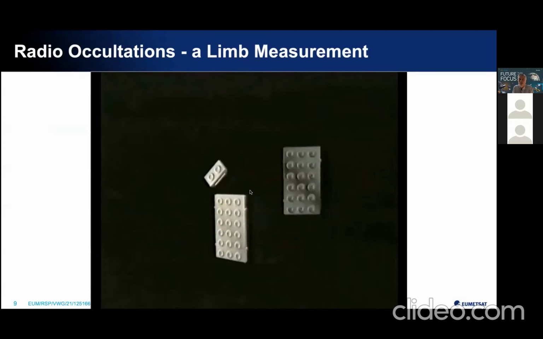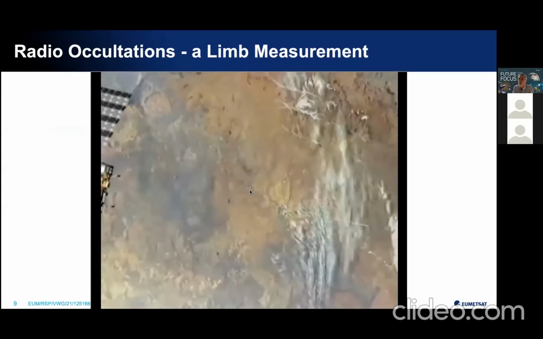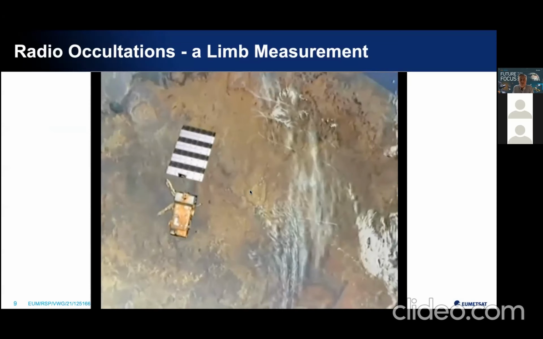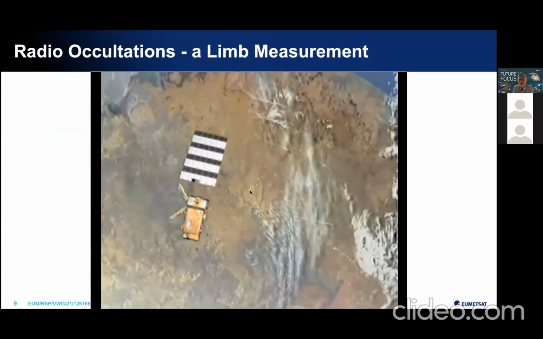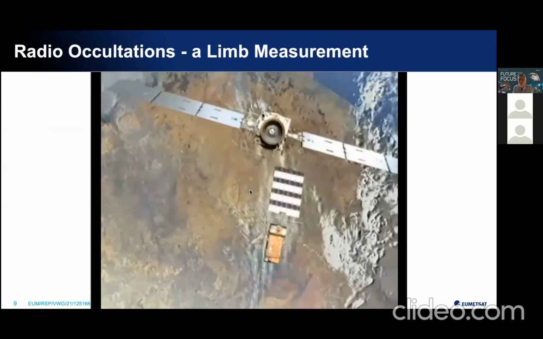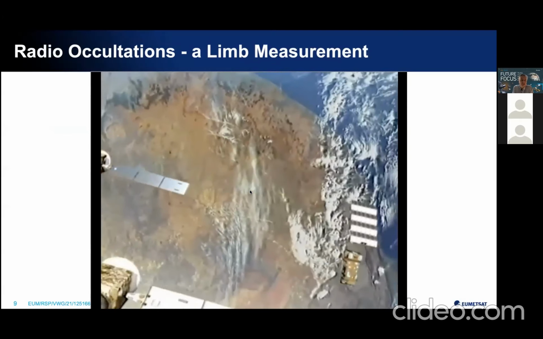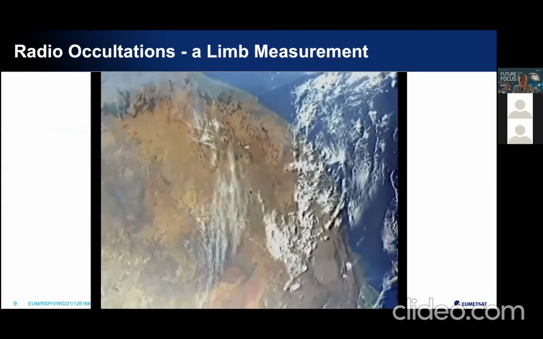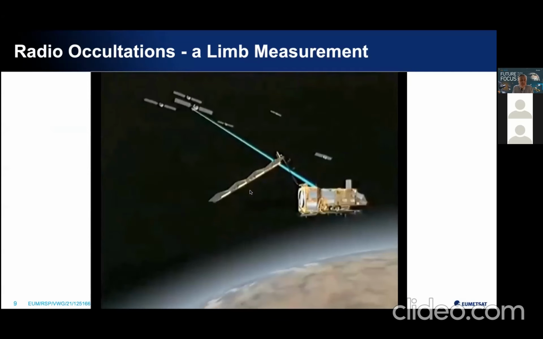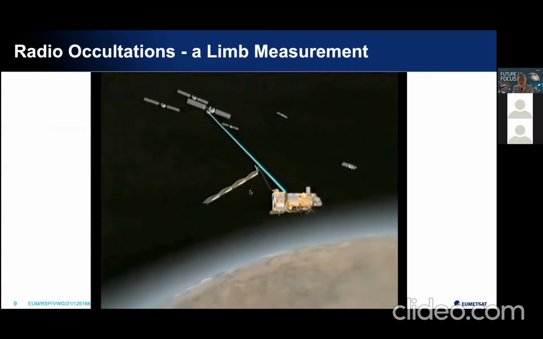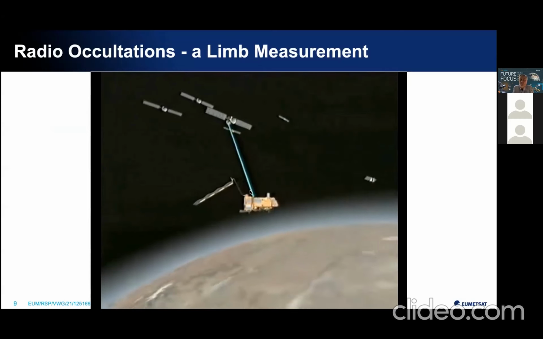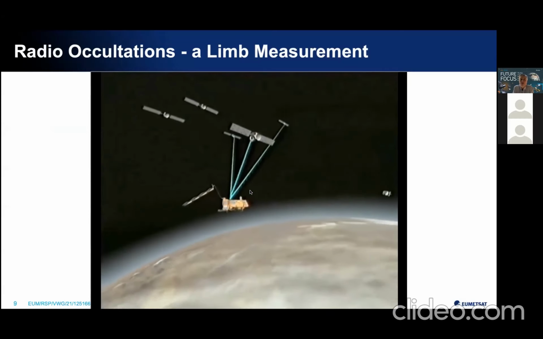These are the occultation antennas, and then there is a small antenna on top of the roof of the satellite. While the satellite is flying around Earth, we have, in case of GRAS, GPS satellites flying much higher than that. And the receiver on board of the GRAS instrument is tracking the signals from them through the zenith antenna or the roof antenna to find out where the satellite is.